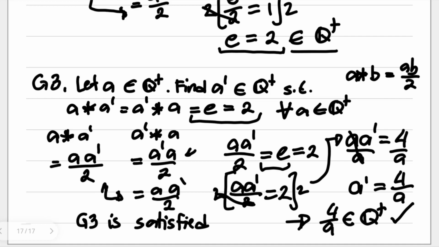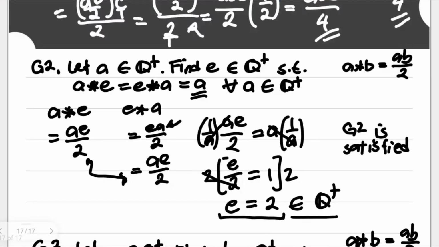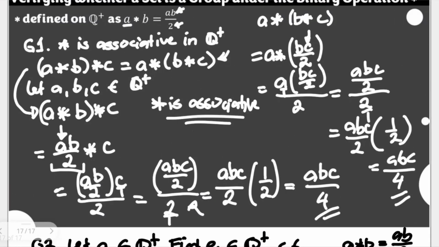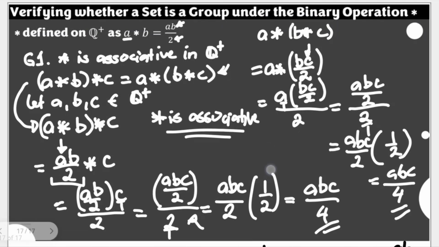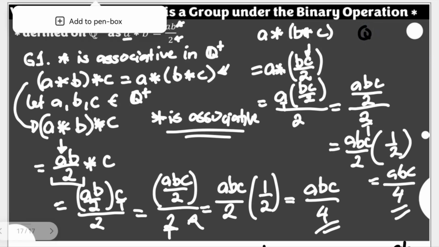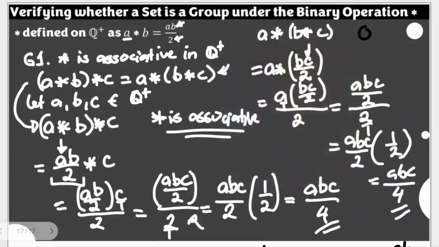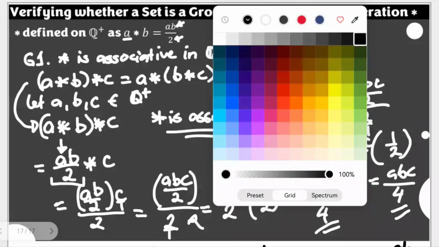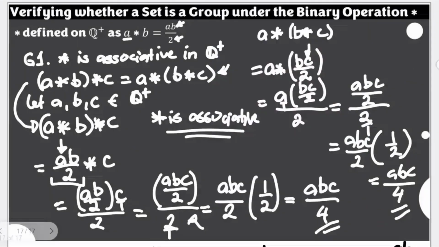So with G3 satisfied, G2 satisfied, and G1 satisfied, since star is associative, we can say that Q plus under star, which is our defined operation, is a group.